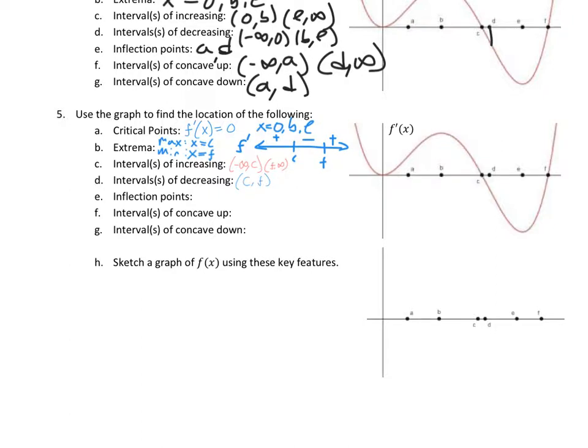Where's our inflection points? All right, so now we got to think second derivative. Second derivative comes from the slope, so let's make a number line here for the second derivative. The second derivative is the slope of the first derivative.